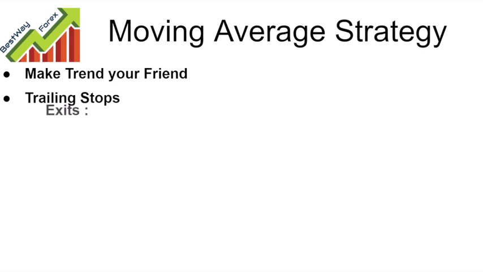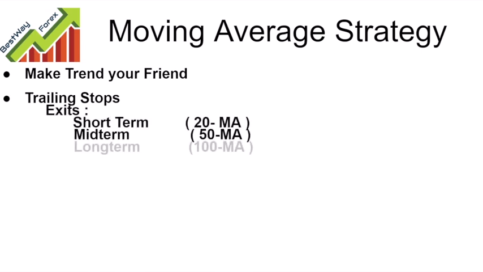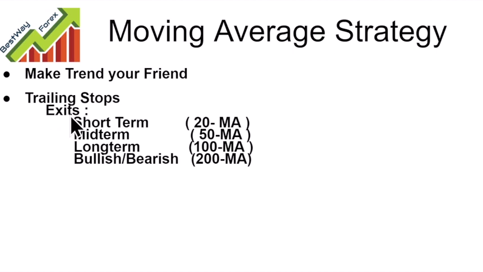Use MAs for a stop loss. You can use MA for a stop loss, so for exiting. A day trader, or those who are trading hours or very quickly, can use the 20 MA for their trailing stop loss.